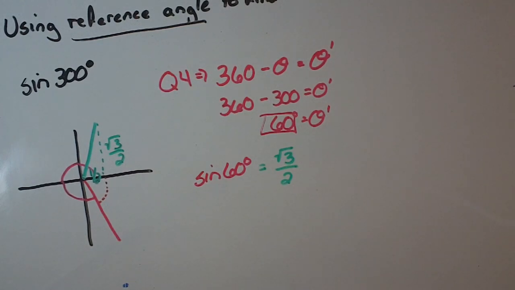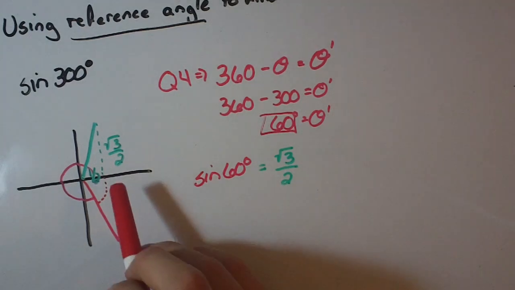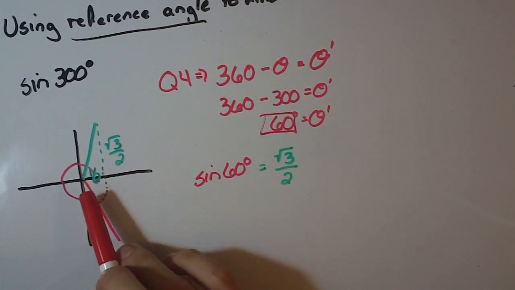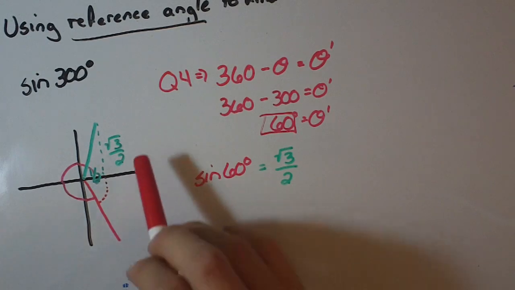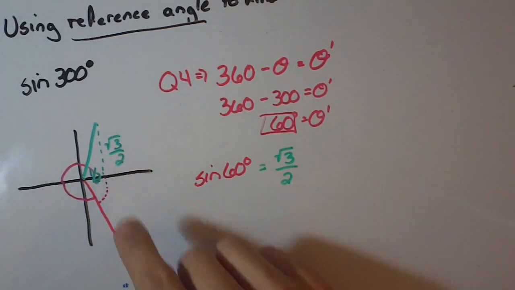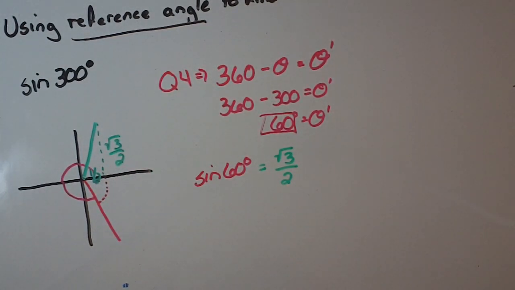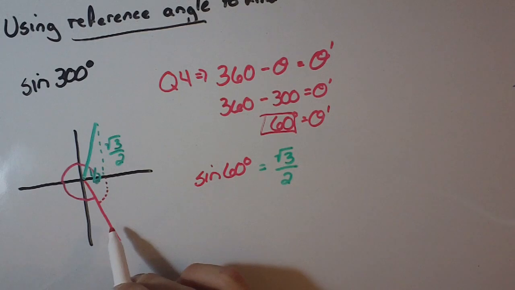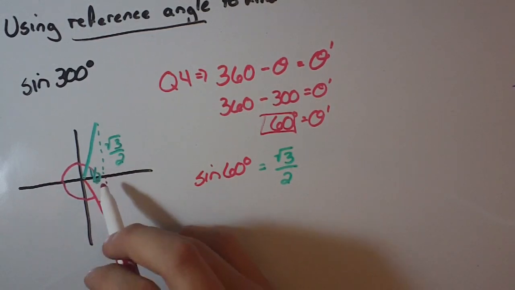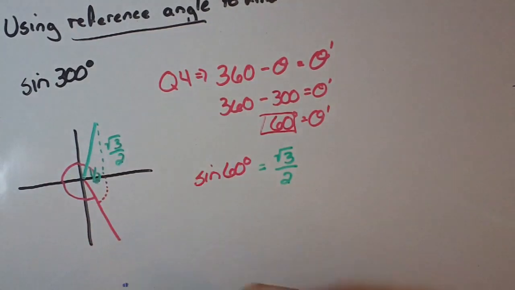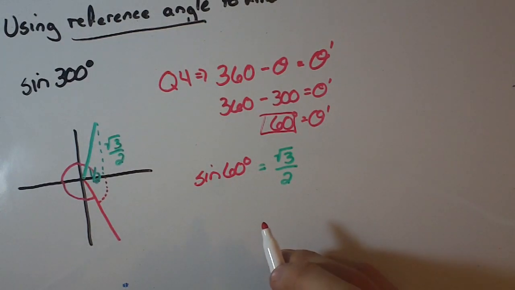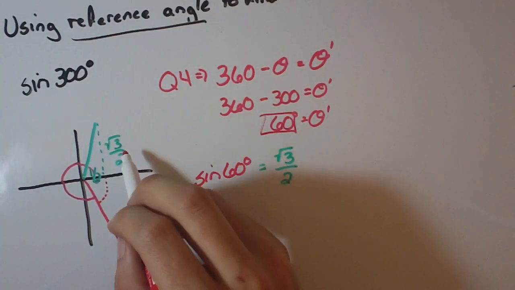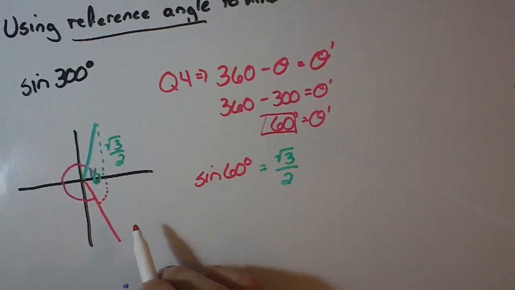But we're not quite finished, because remember, our original angle is in quadrant 4. This value here, the square root of 3 over 2, is in quadrant 1. But we are referring to 300 degrees in quadrant 4. Now it's the same angle, in a sense, it's just flipped over the x-axis, but we have to remember whether or not sine is positive or negative in quadrant 4.